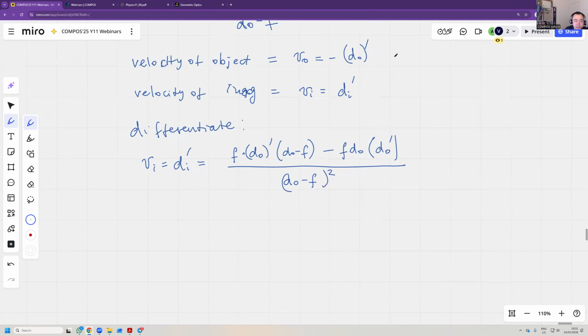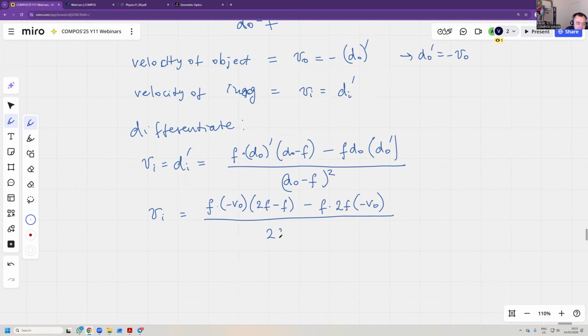And we know that d0 dash is minus v0. So vi, the speed of the image, is f multiplied by d0 dash, which is minus v0, multiplied by 2f minus f, minus f multiplied by 2f multiplied by minus v0, divided by 2f minus f squared.